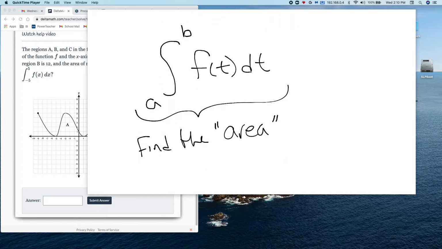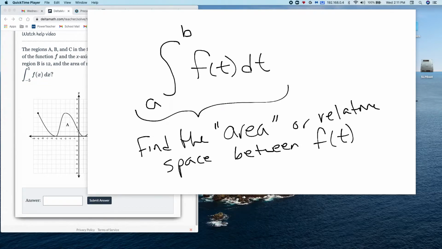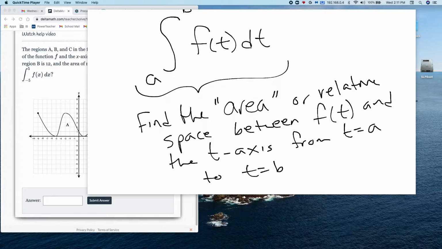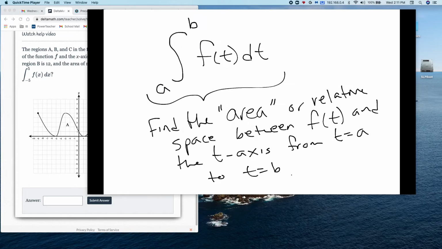So find the area, or relative space, between f of t and the t-axis from t equals a to t equals b. That's what that is really describing.